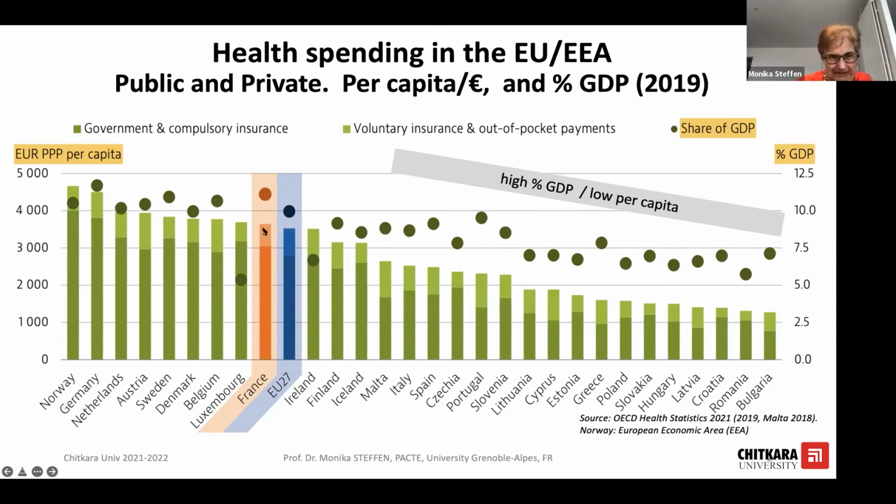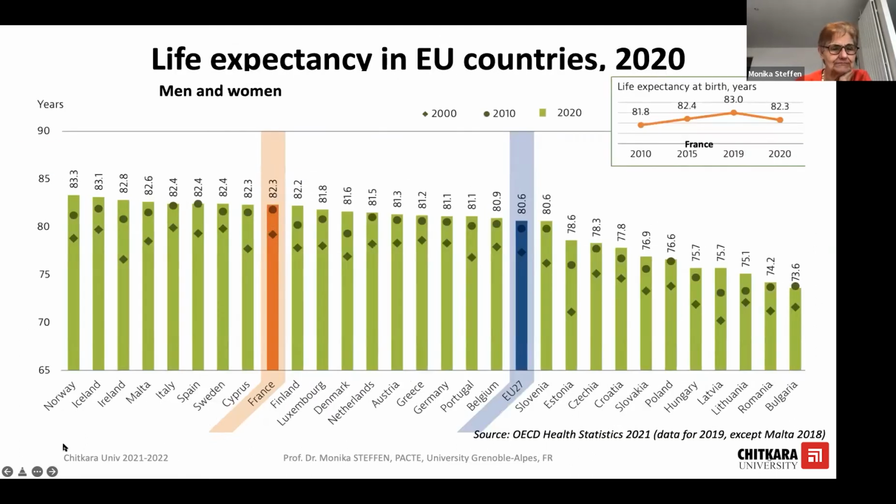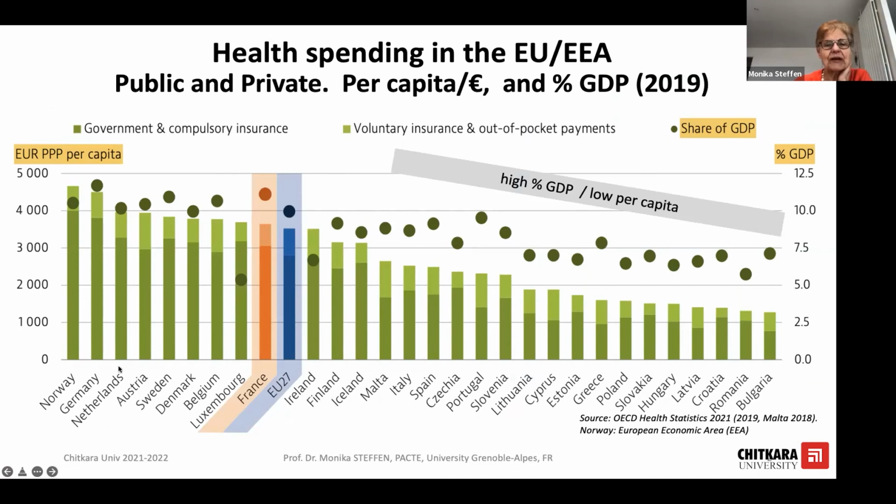So now, why does France have this problem that it has a low per capita spending here? It corresponds to what is said here. Government and compulsory insurance, and with the lighter green, you add any private insurance. This part here would be the private one. And then the share of GDP is quite a bit higher.